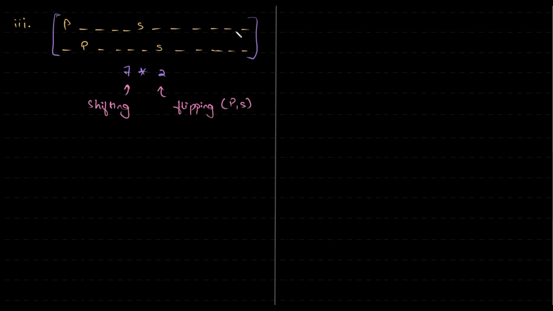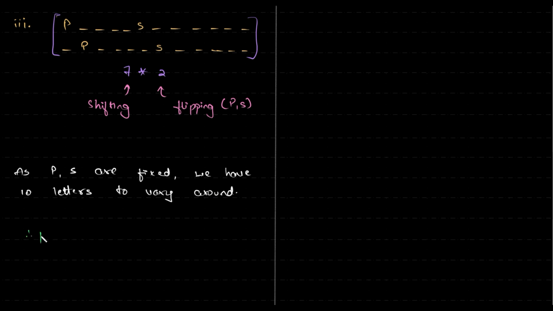So how many spaces are left? 10 spaces are left. And how many letters are there? 10 letters are there. So 10 factorial. But yeah, we have to take into consideration that there are two T's. Okay, so with P comma S fixed, we have 10 letters to vary around, right?